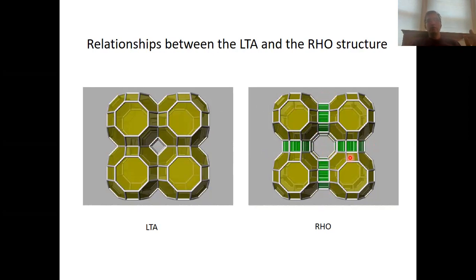You can easily understand from this picture that the pores in between the alpha cages are smaller for the LTA in comparison to the RHO structure, and that from the RHO structure you would expect a smaller framework density and a more open structure overall.